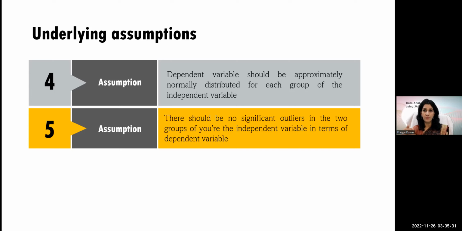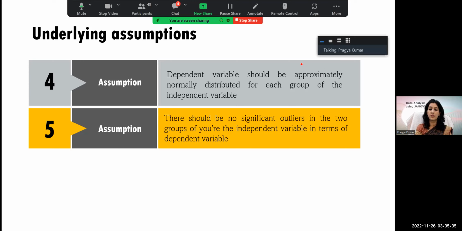The other assumption is that the dependent variable should be approximately normally distributed. Here also we have emphasized the term approximately normally distributed. And again, there should be no significant outlier. These two assumptions you will see in most of the difference in mean or median comparisons, like in case of ANOVA also.